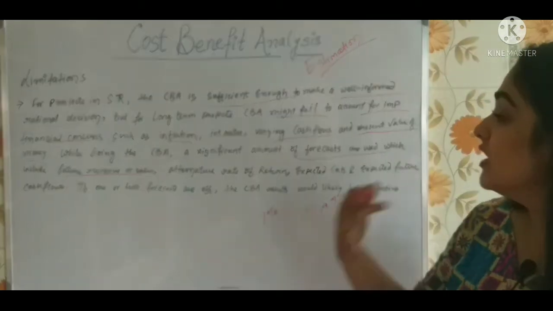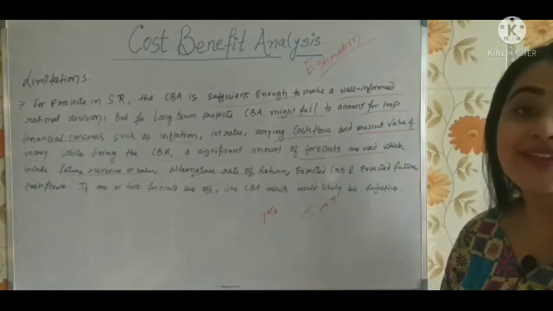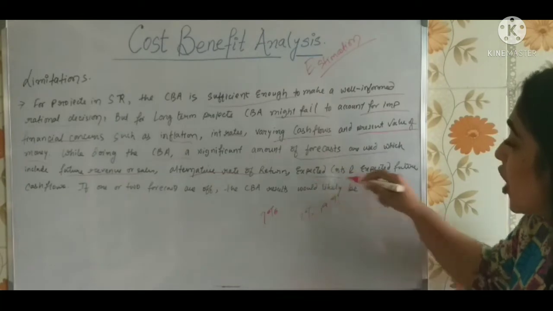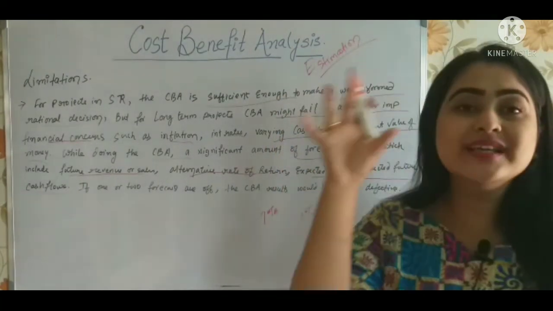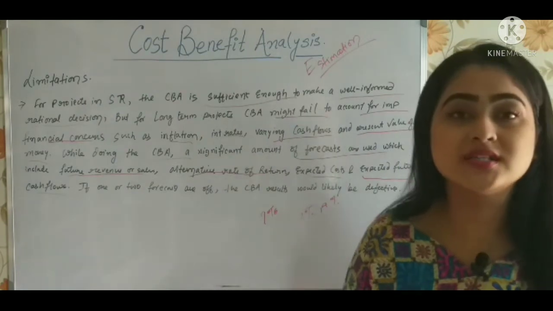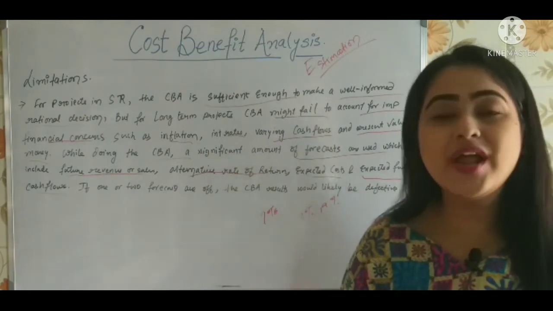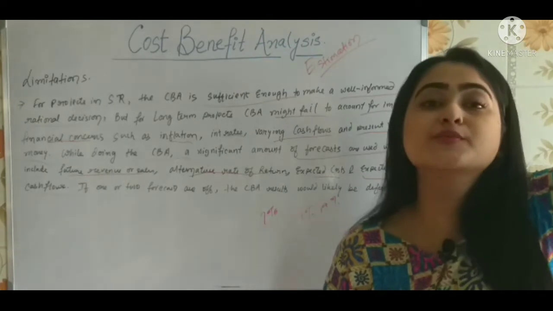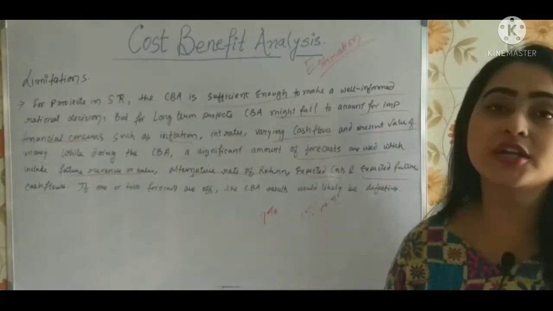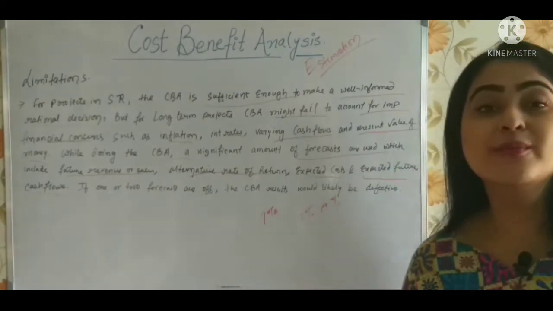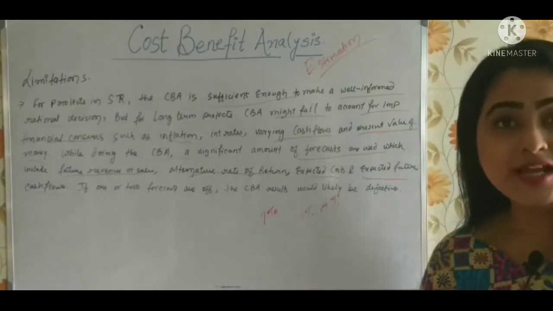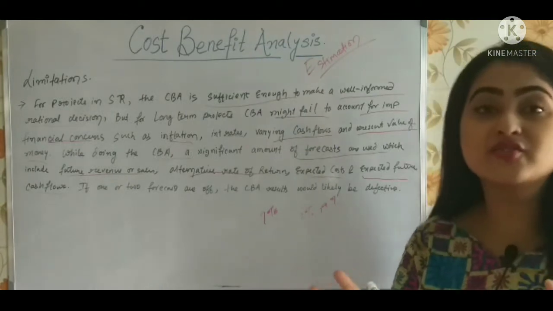So the alternative rate of return, the expected cost, the expected future cash flows, all these are forecasts. You are sitting here and forecasting that 10-15 years later this is going to be the alternate rate of return, this is going to be the revenue, this is going to be the cash flow, but that can be wrong, isn't it? Most often that's wrong.